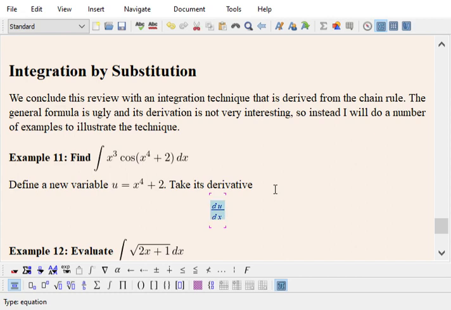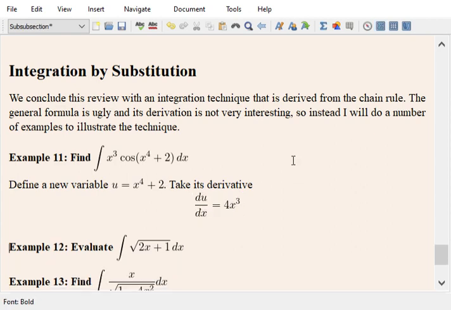So du dx, which is a notation that we use for the derivative of u with respect to x. Well, let's see, power rule. So that becomes 4x to the third, and the derivative of 2 is 0, so that's it.